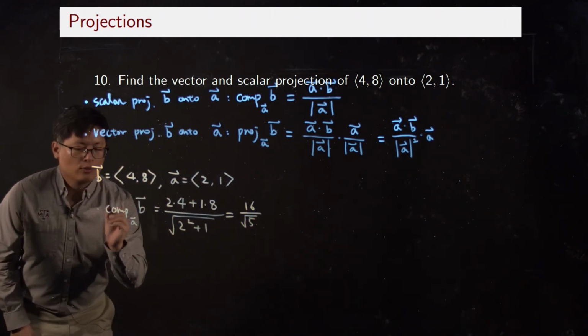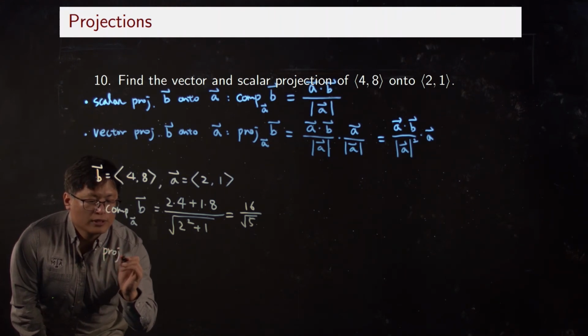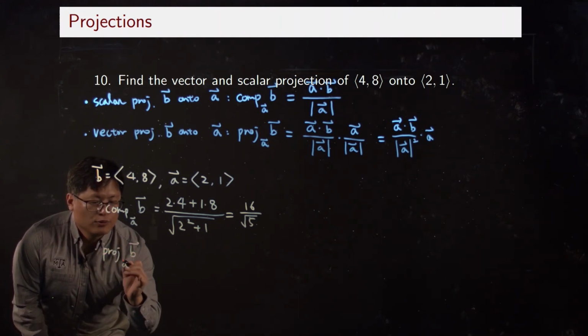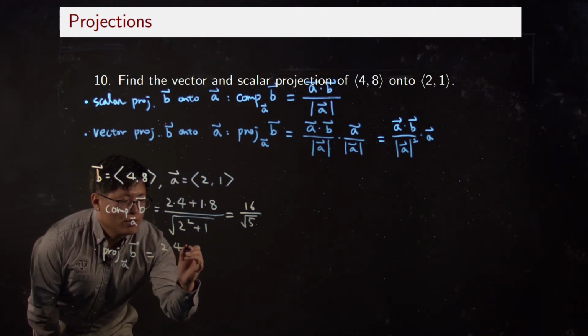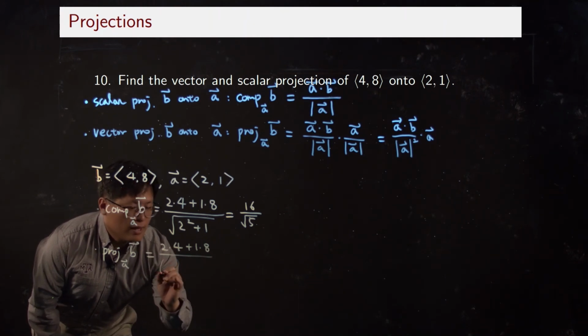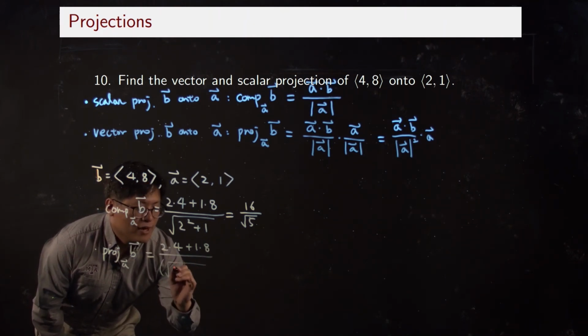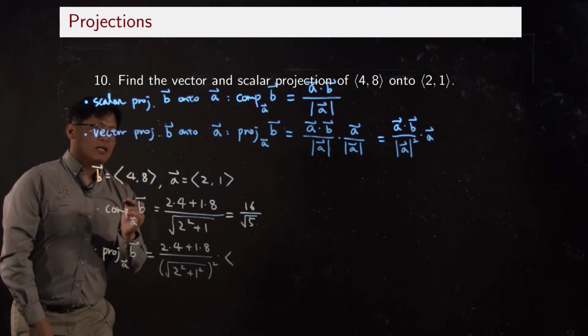So what about the vector projection? We notate it by proj_A B, right? That is the same thing: 2 times 4 plus 1 times 8 over the length of vector A squared, times the vector A, which is (2, 1).